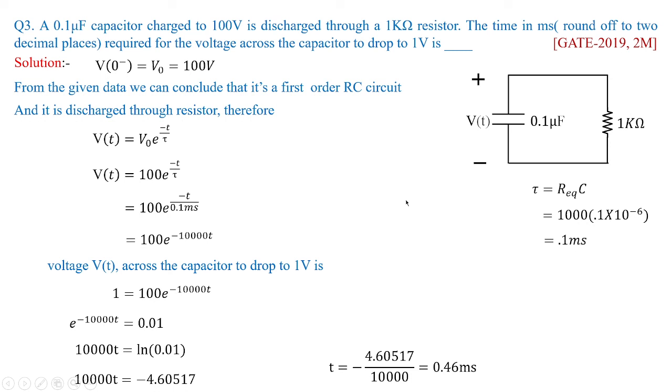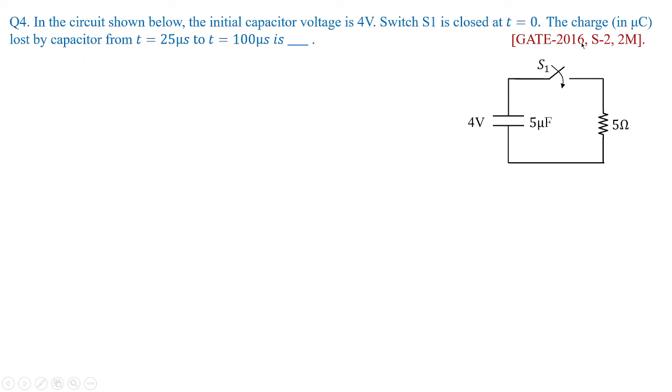Let us go to another problem which was framed based on GATE 2016 under set 2 for 2 marks. You can see the same problem, but the problem is changed from a simple direct circuit to a switch S1. So in the circuit shown below, the initial capacitor voltage is 4 volts. Switch S1 is closed at t equal to 0.